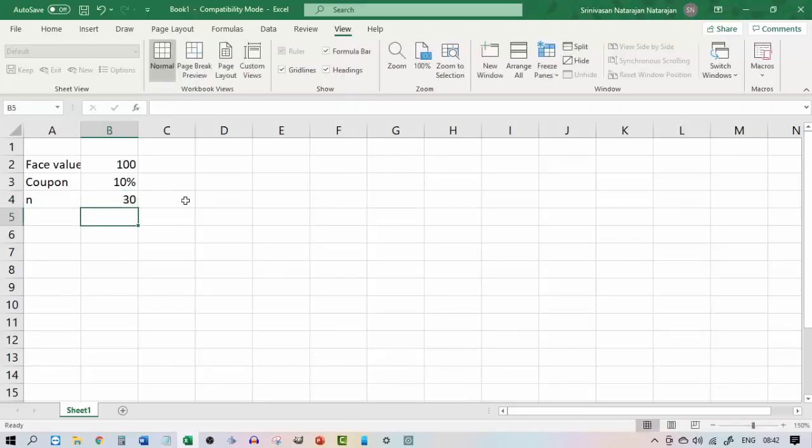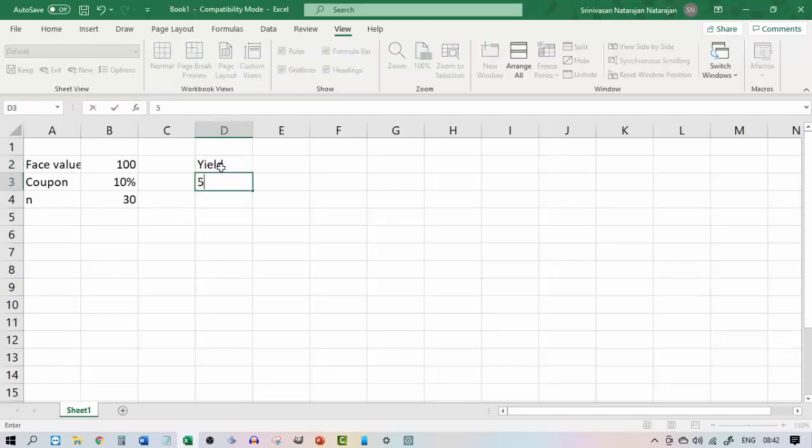Now let us find the price of this bond for various levels of yield. That means we'll find out what is the price of the bond if the yield on this bond is, say, 5%, 6%, and so on. So let us take the various levels of yield.